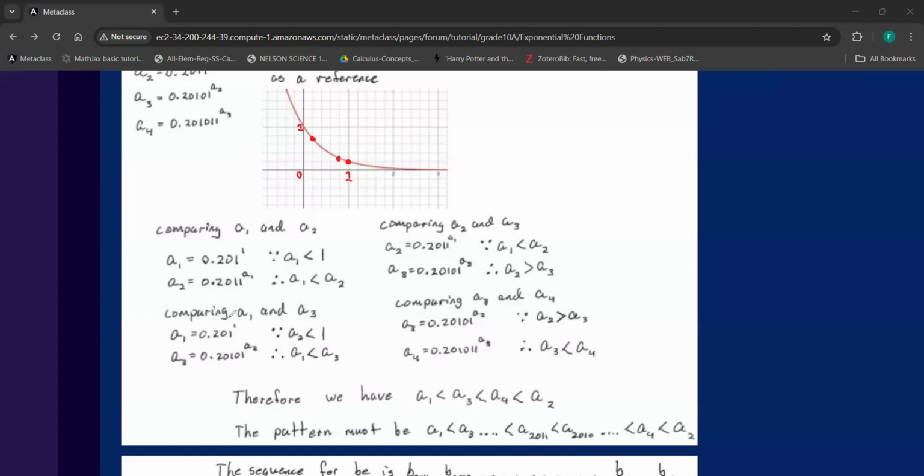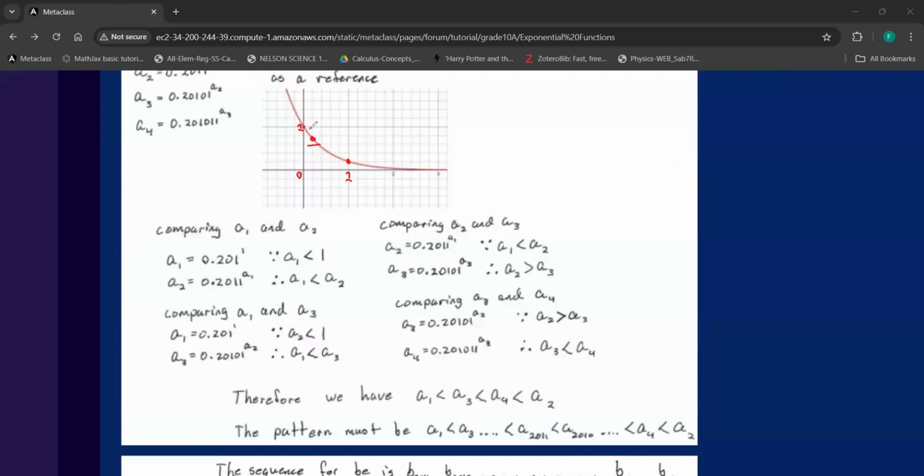So now we have to compare A1 and A3. Now we have A1 is equal to 0.201 to the power of 1, and then A3 is equal to 0.2 to the power of A2. Now, as you can see here, A2 is not at 1 yet, right?